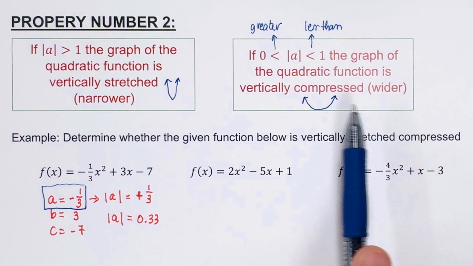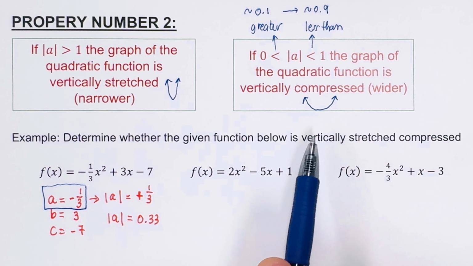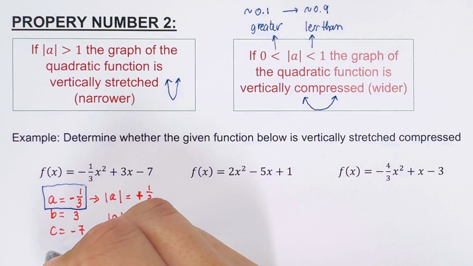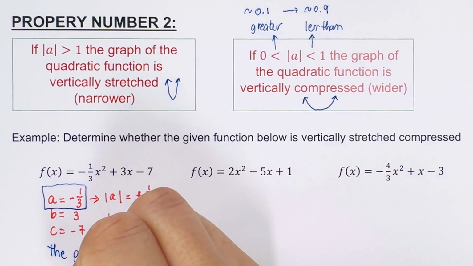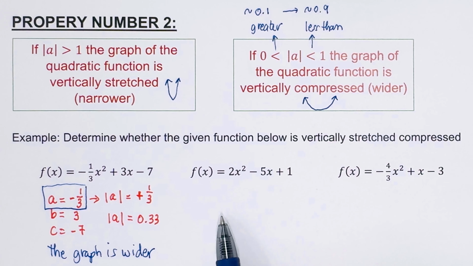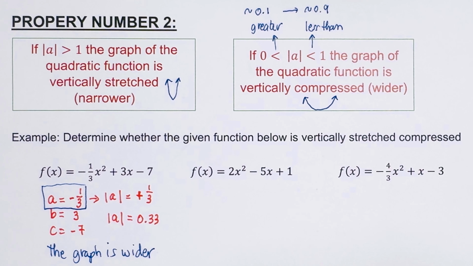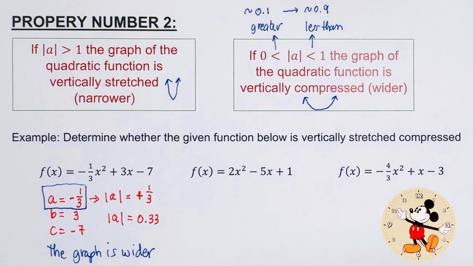Whenever it falls within 0.1 to 0.9, it's wider. So we can go ahead and say that the graph of this function is wider. I'd like you to try the second and the third function here. So determine should it be wider or narrower.